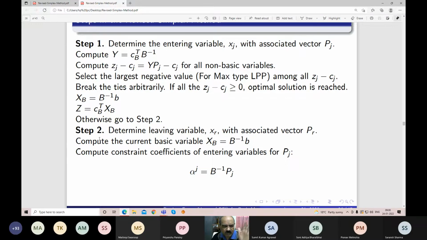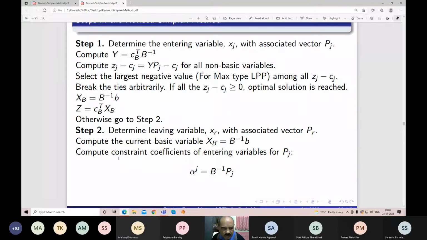With respect to the entering variable, we decide the leaving variable. The leaving variable is nothing but a basic variable. This leaving variable we are naming as xr, associated with vector pr. Compute the current basic variable xb, our xb equal to capital B inverse into small b.